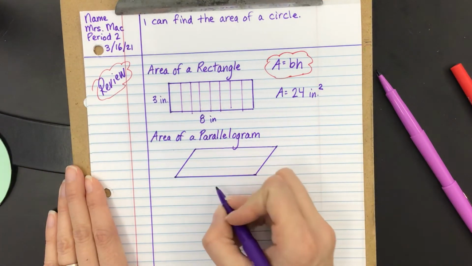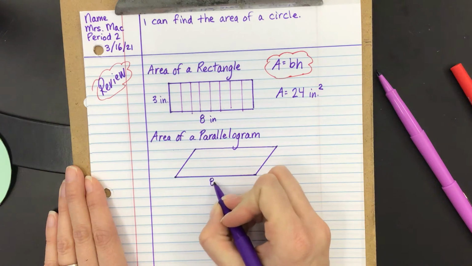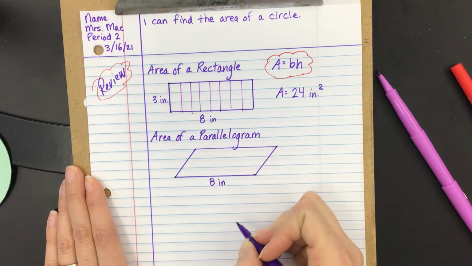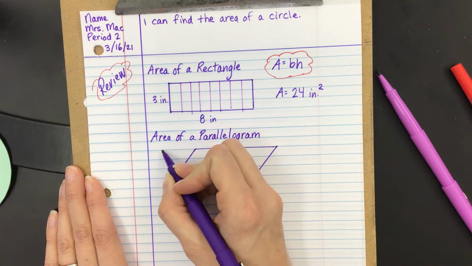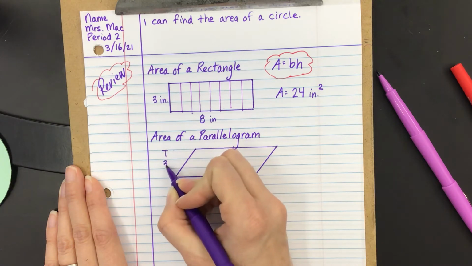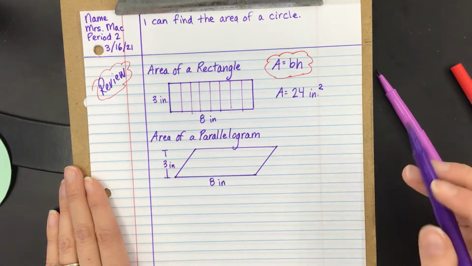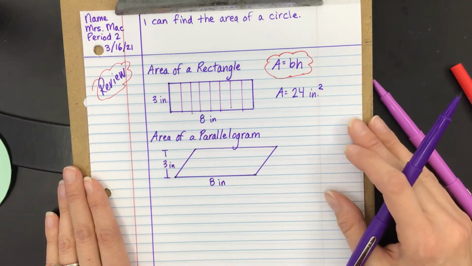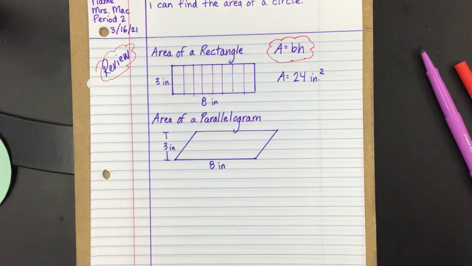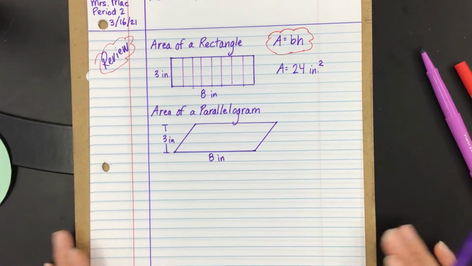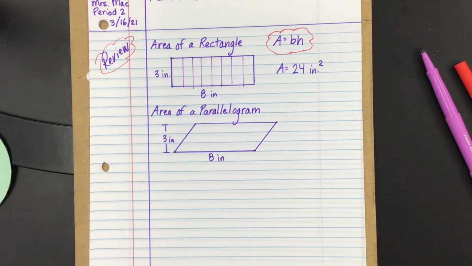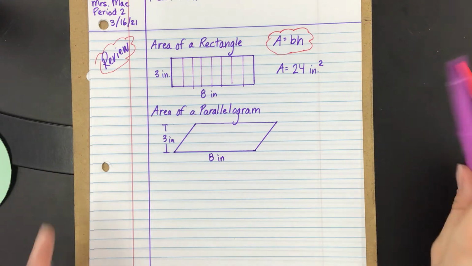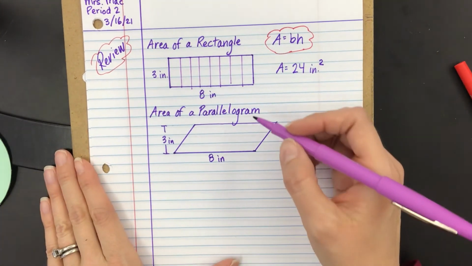So the base of my parallelogram is 8 inches, and the height of my parallelogram is 3 inches. Sound familiar? Yes. Okay. So to find the area of a parallelogram, it's very similar to finding it of a rectangle. And I'm going to show you why.